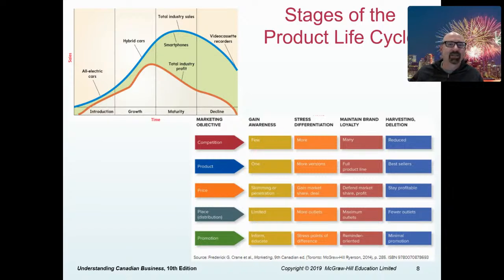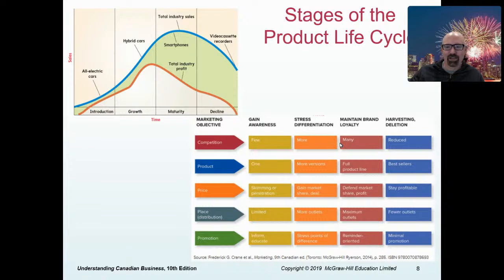So what happens here? If we are looking at what our goals are, at the start, there isn't very much competition. So part of it is about gaining awareness. As more competition comes in, we're going to stress our differentiation.